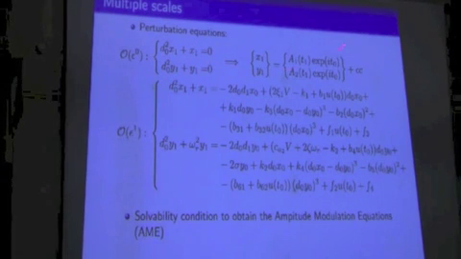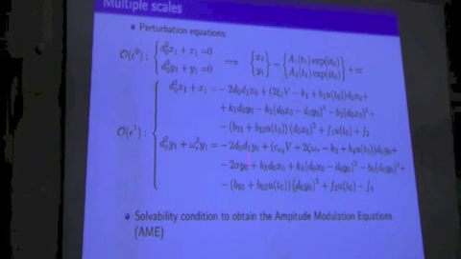At the first order, we have the generating solution, which is, as you can see, harmonic with complex amplitudes, which are unknown at this level, depending on the slow time scale. At the second order, we have corrections due to the nonlinear terms, as well as damping and forces.